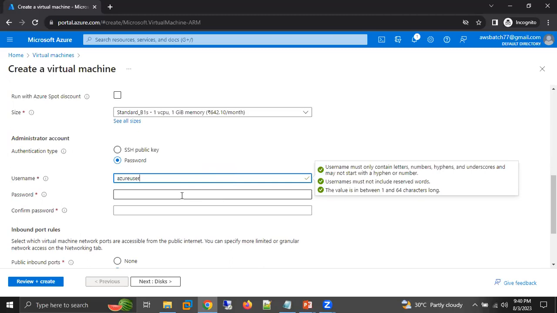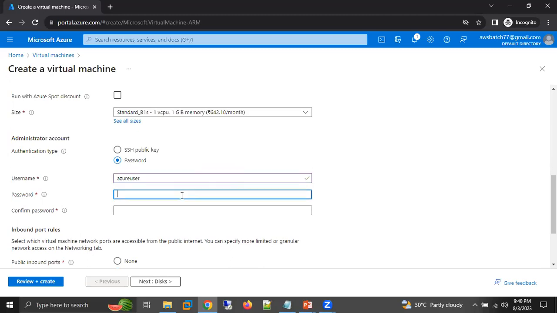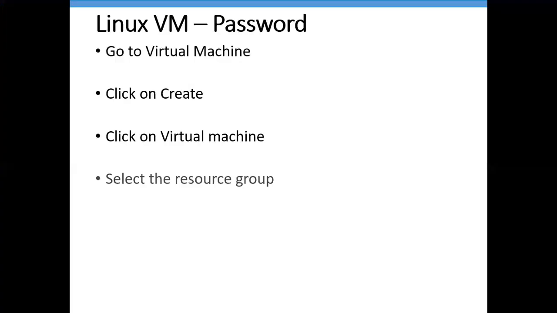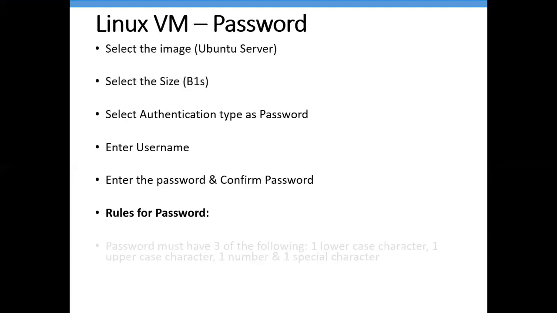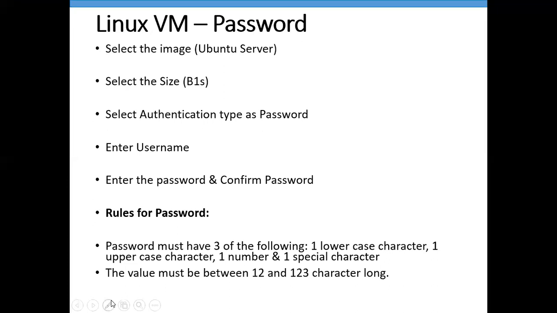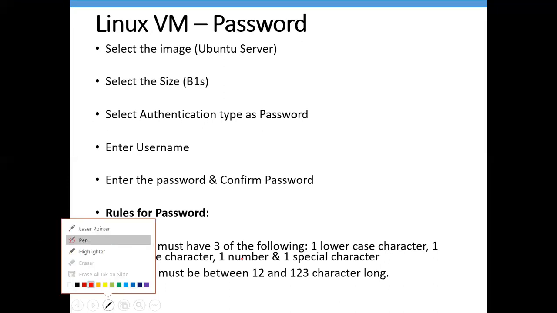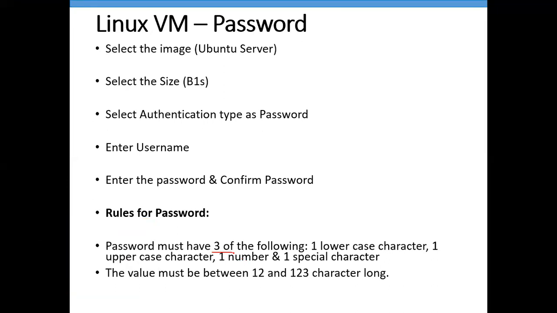Now we need to enter the password. For the password, do we have any rules and regulations, like one upper, lower, at the rate of something like that? Yes, we have. Here are the things. Out of these things, we need to go with the following three: one lower, one upper, one number, or one special character.